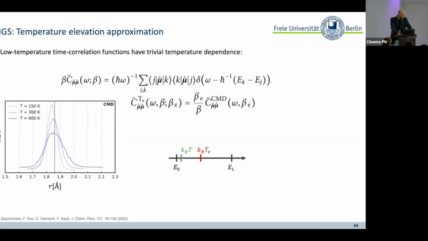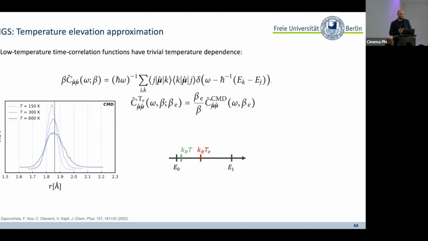One major problem of centroid molecular dynamics is the so-called redshift that we have as soon as we go to low temperature. This is something well known. But since the temperature dependency of the correlation function in the zero energy state, let's say in the ground state of our quantum system, is trivial, we can essentially correct for this effect by just reweighting our simulation.